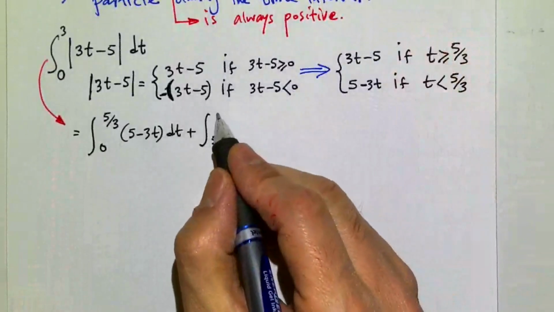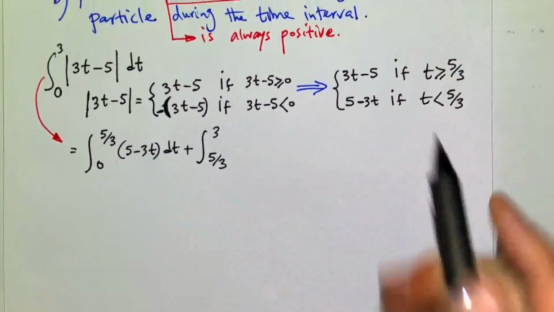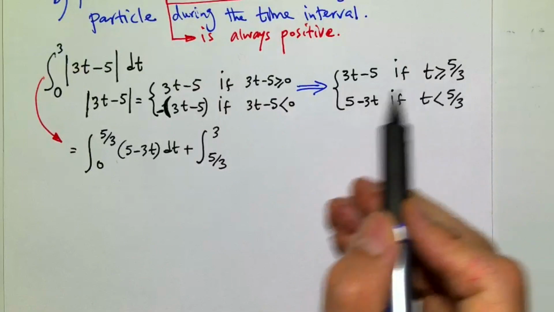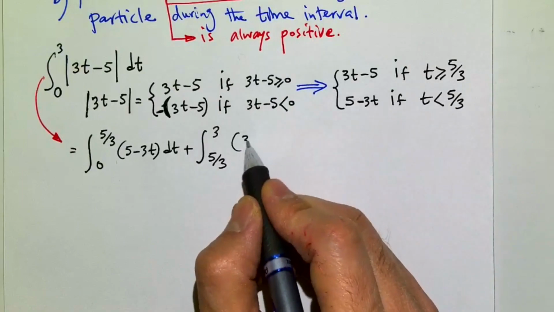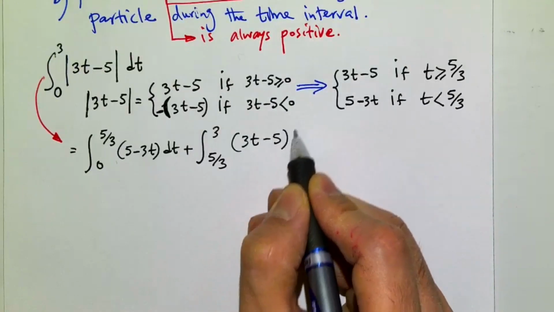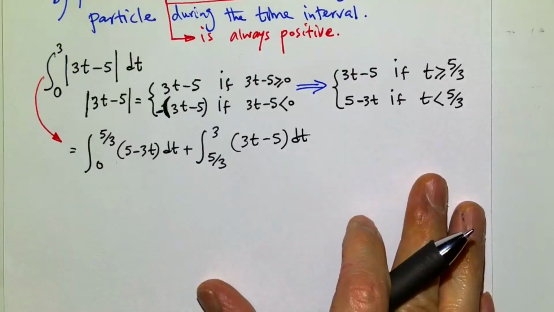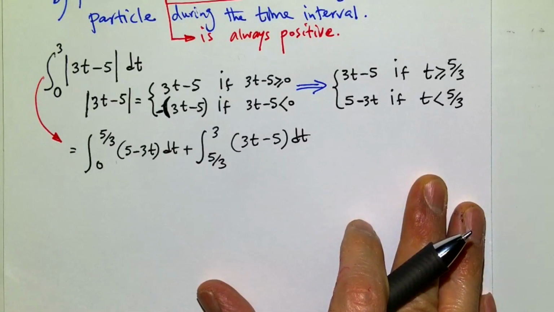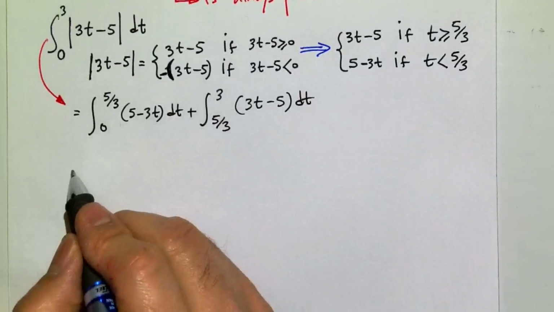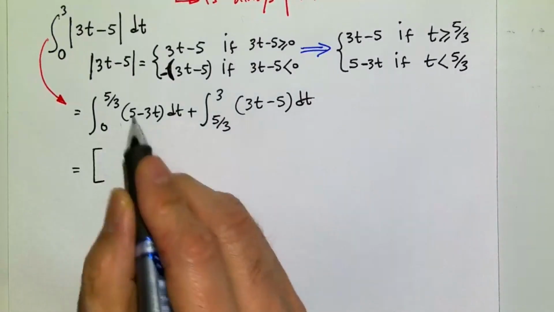For t greater than 5 over 3, this is our expression, 3t minus 5 dt. Okay? So then the rest is really easy. We can just integrate.